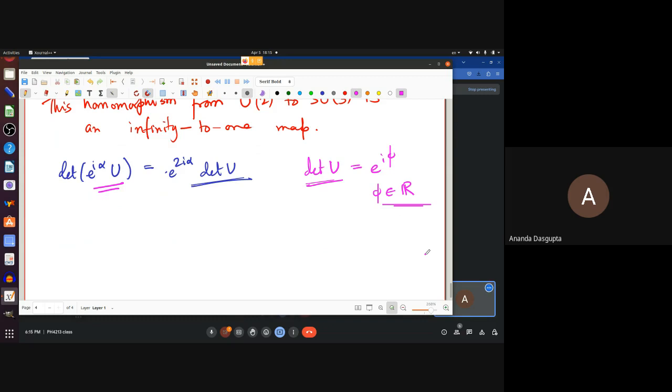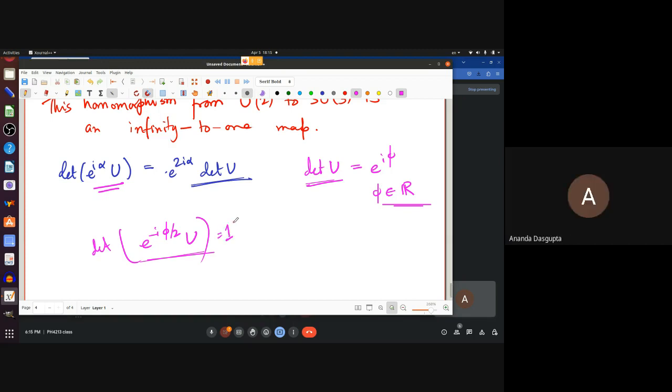So now you can easily see that if you take any U and replace it by e to the minus i phi by 2 times U, you get a unitary matrix, but a special kind of unitary matrix. What kind of unitary matrix is this? What is the determinant of this? One.